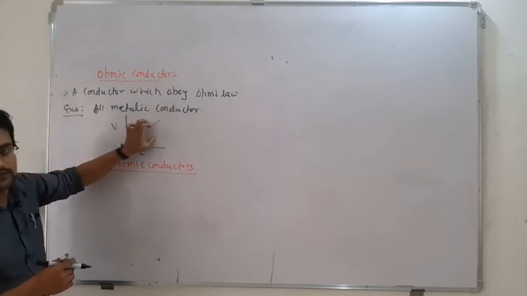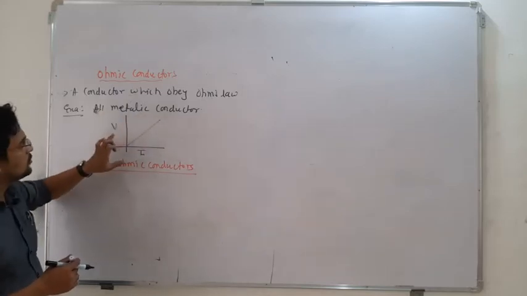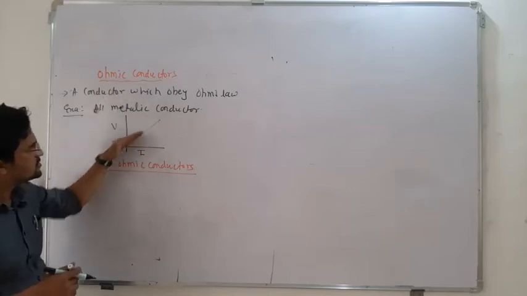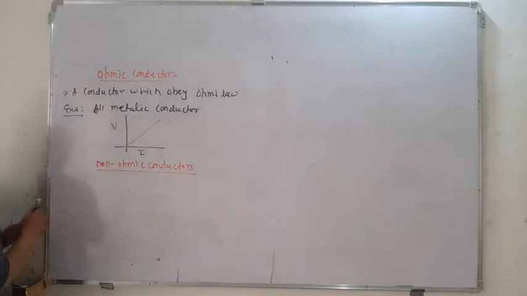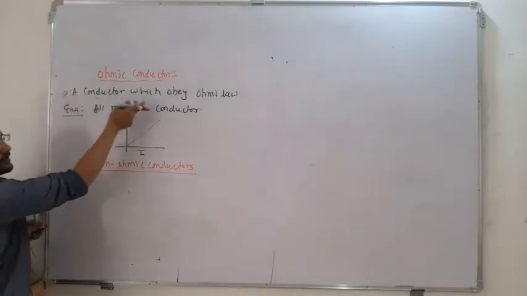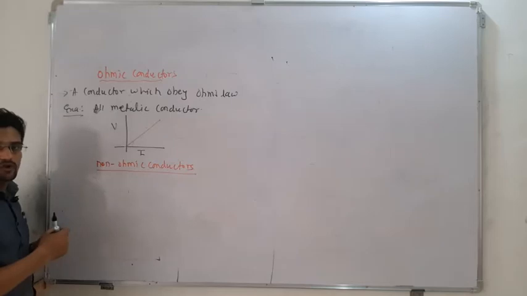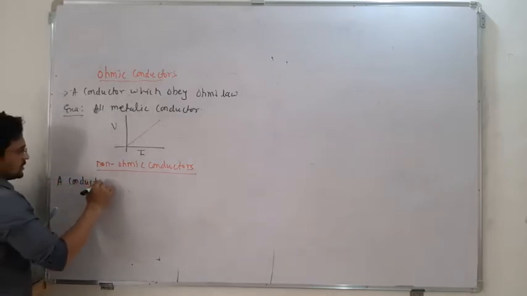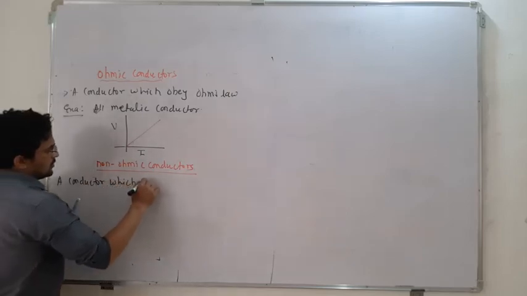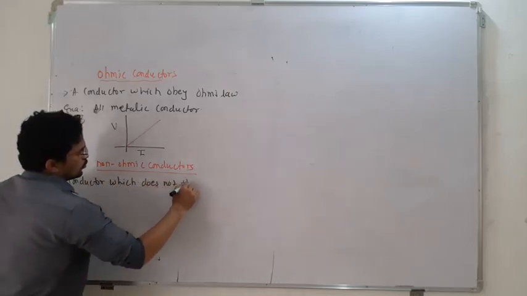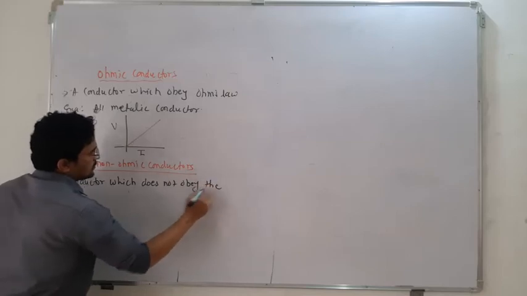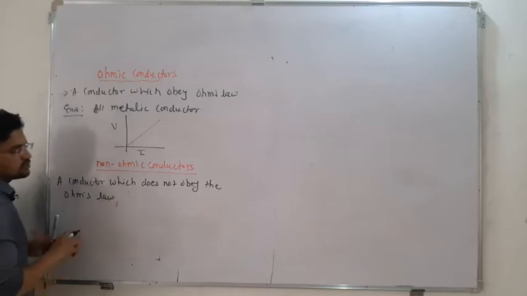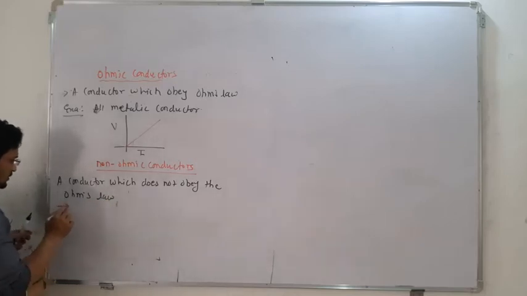Sometimes they will ask, draw the V and I graph for the ohmic device. So just draw V, I and a straight line. And then non-ohmic means what? Ohmic means which obeys, and non-ohmic means which does not obey. So a conductor which does not obey Ohm's law is called a non-ohmic conductor.